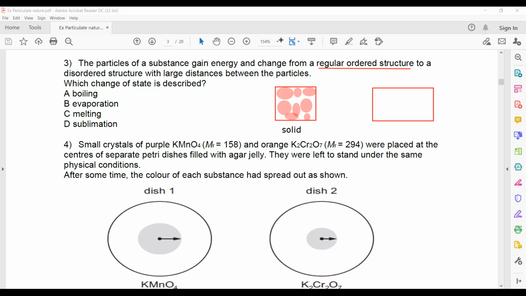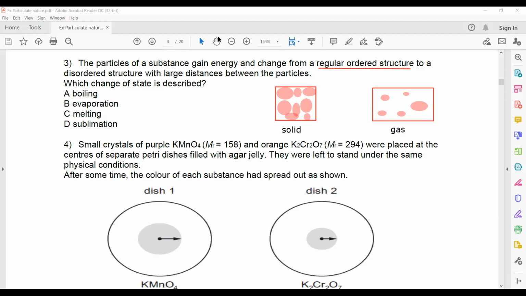A disordered structure can be a liquid or a gas, because both liquids and gases do not have a regular structure, but they mention large distances between the particles. If the particles have large distances between them, it shows it is a gas.